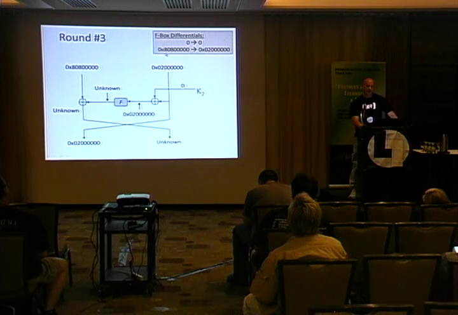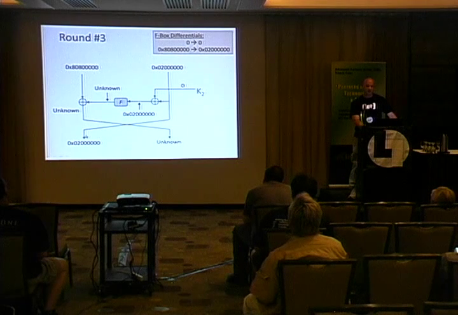We don't have a prediction for if we give the F-box a differential of 2. All we can predict is 80 going to 2 and 0 going to 0. We don't know what the differential is going to be coming out of this F-box. And that's fine. So we have unknown, but on the left, this 2 just carried over.